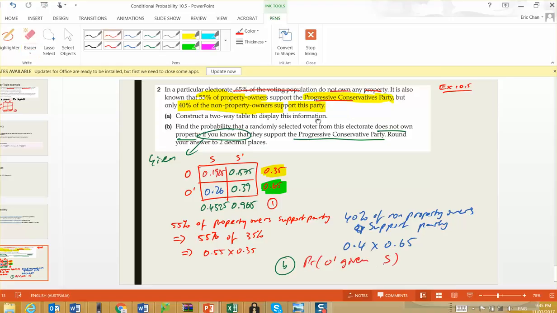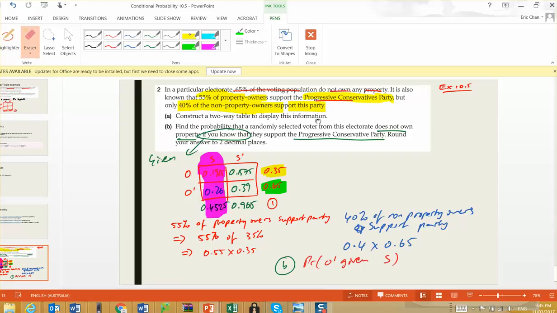Given that they support the party, we're looking at this column, because this column is where they support the party. Given that they support the party, what's the probability that they do not own property? So they do not own property, given that it's that row.